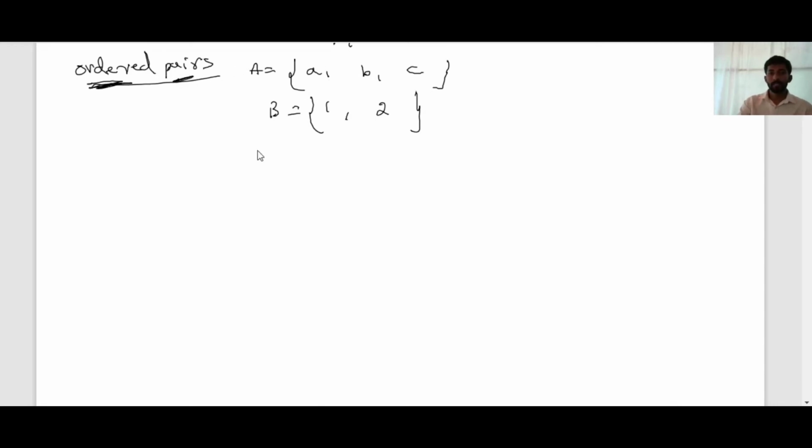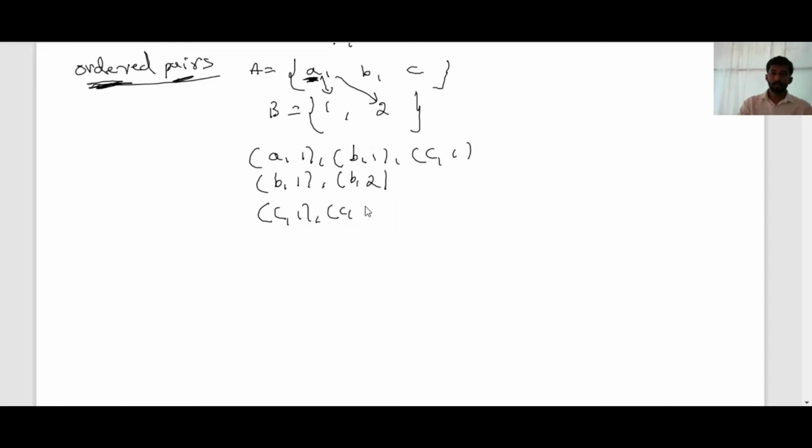Suppose I write (A,1), (B,1), (C,1). That means from the set A I am taking element A and pairing it to the elements of the set B. Similarly, you can write (B,1), (B,2). Or if you take the element C, you can write (C,1), (C,2). This is how to write ordered pairs.